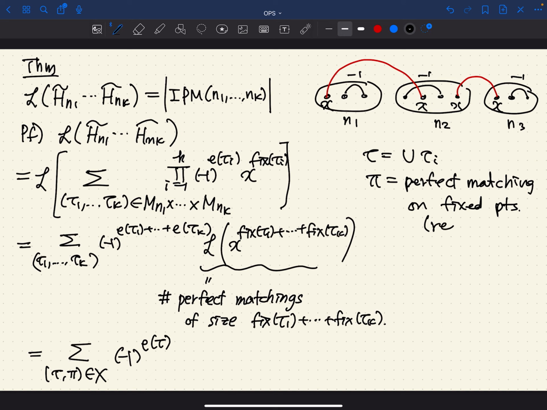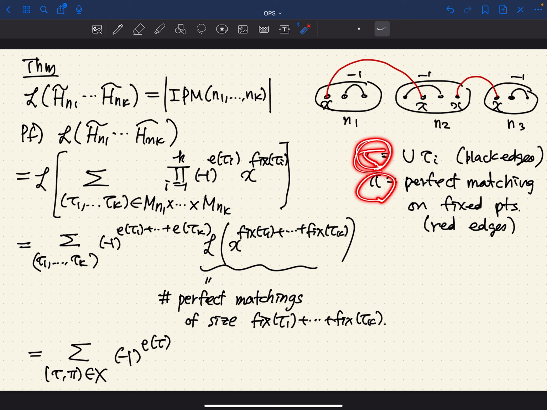So it's the red edges in this example. So x is the set of all pairs, tau and pi, that look like this. And tau, every element here, must be homogeneous. And pi can be homogeneous or non-homogeneous, doesn't matter.